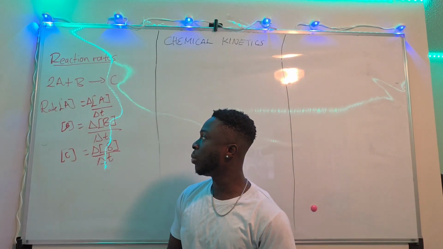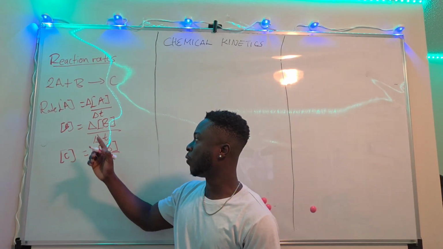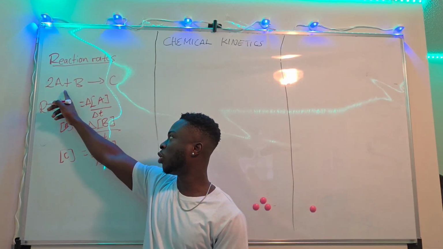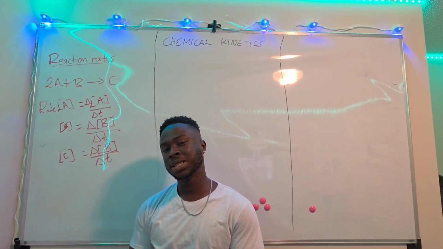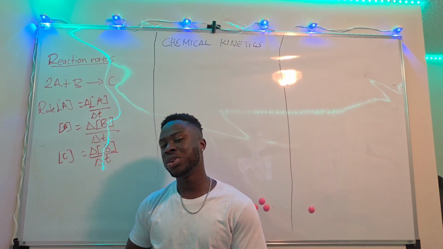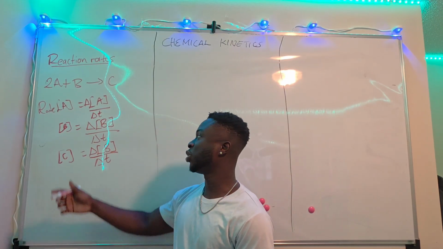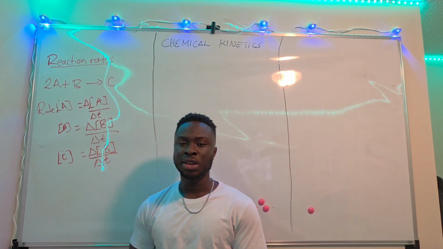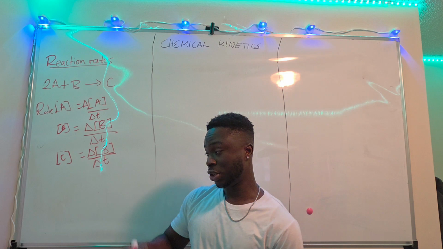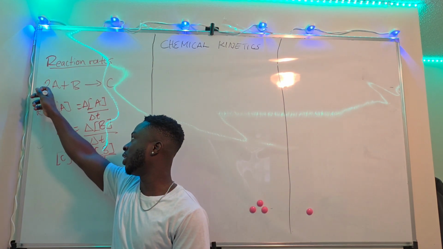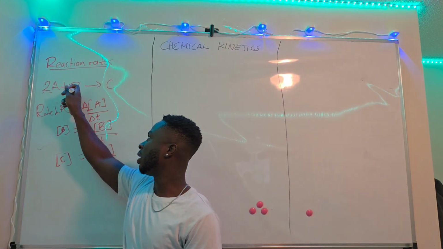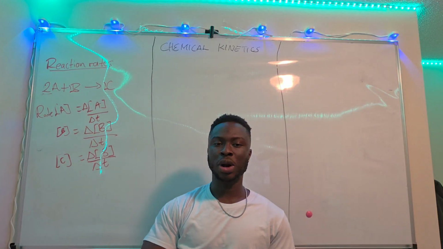The only way we could do it is to make sure that all of these have the same rate. In other words, to determine the rate of that reaction, we should divide by their respective stoichiometric coefficients. The stoichiometric coefficient here is 2, over here would be 1, and over here also 1, but we do not write the 1.